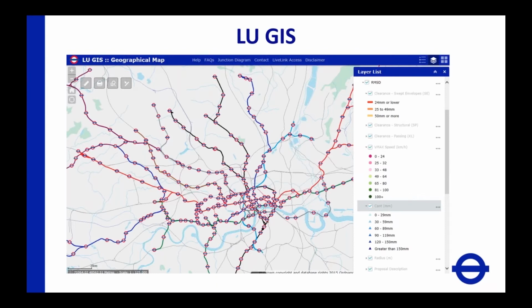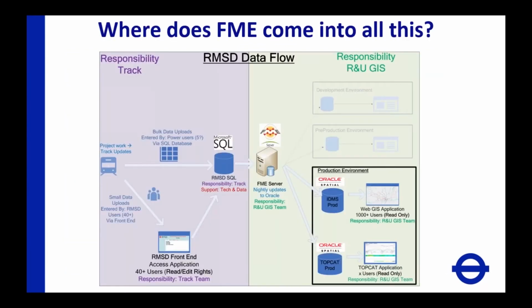So where does FME come into this? Bang in the middle. On the left side of this diagram, we've got people updating the restrictions data. They're either doing that through this Access front end, or potentially there's going to be some power users who are a bit more SQL savvy, who might be doing bulk uploads to the database.